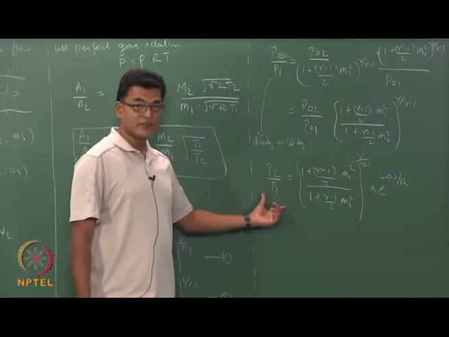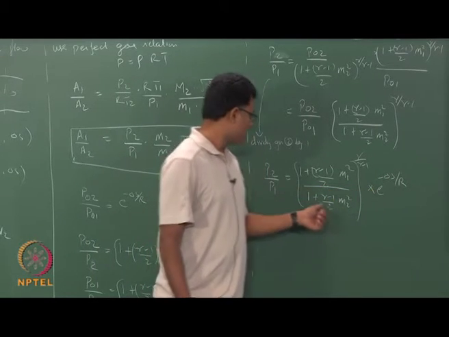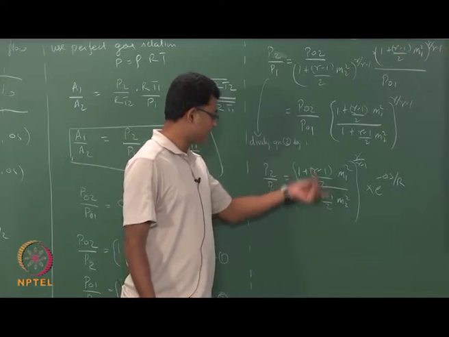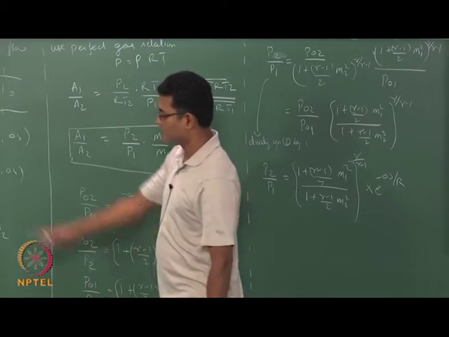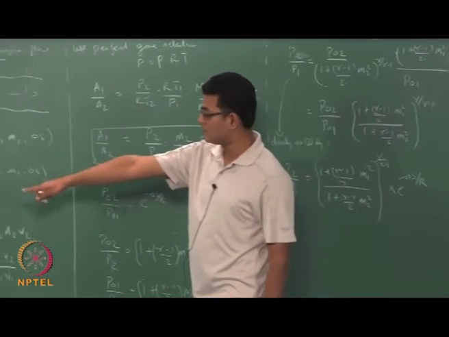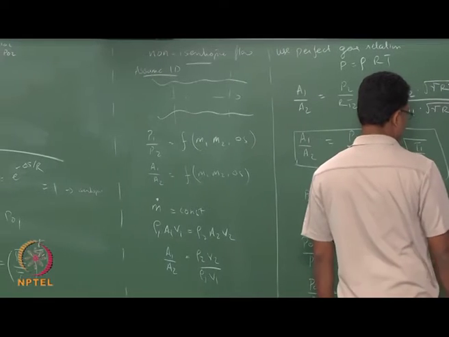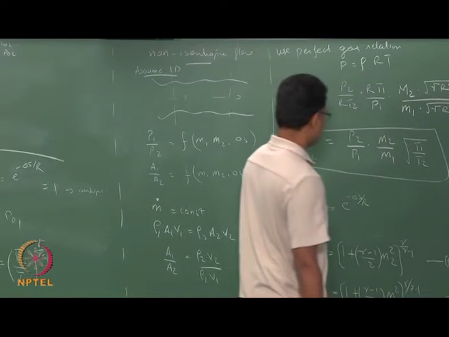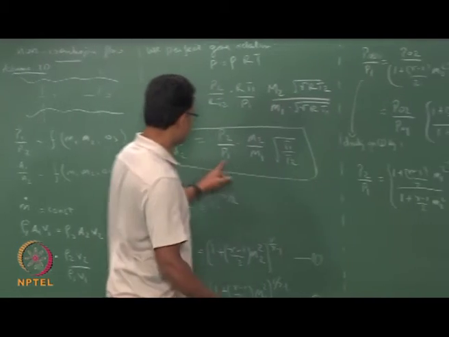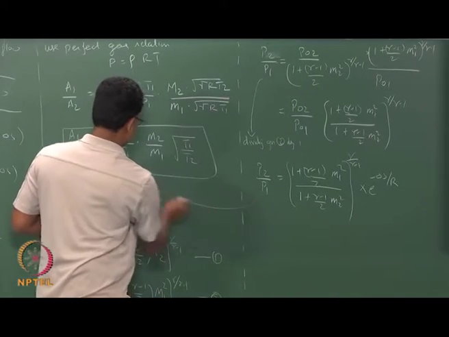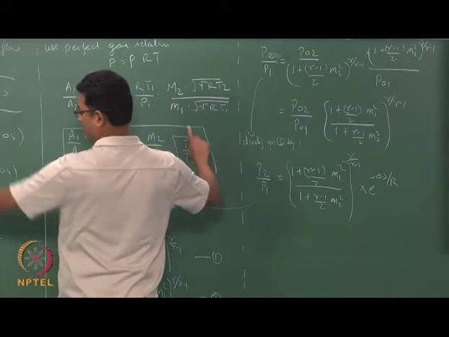So, if it is an isentropic flow, this is 1 and hence you would get this relation, which is the same as what you got from your isentropic relation from T1 and T2. Now, I substitute this into this. T1 and T2 anyway I can get from that relation.